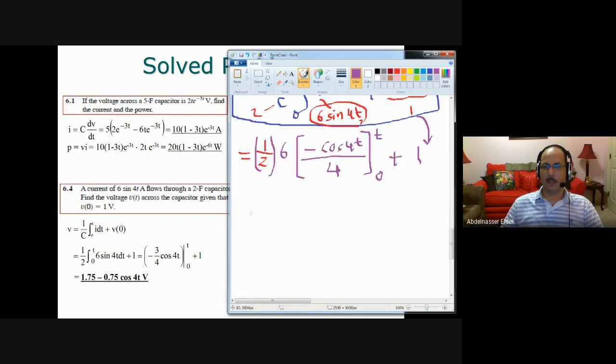Then after that, you can simplify everything. 6 and 2 will be 3, and then 3 divided by 4. Then substitute: when t equals t, it is negative cosine 4t. This is the first part.